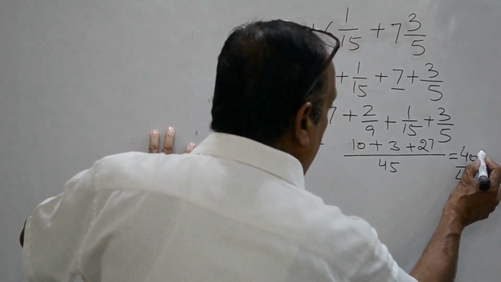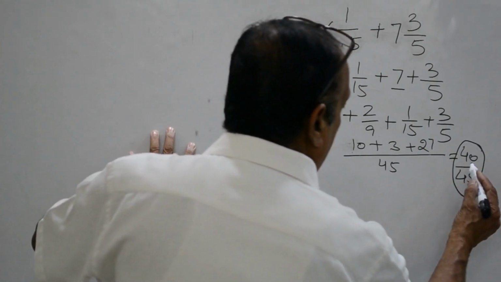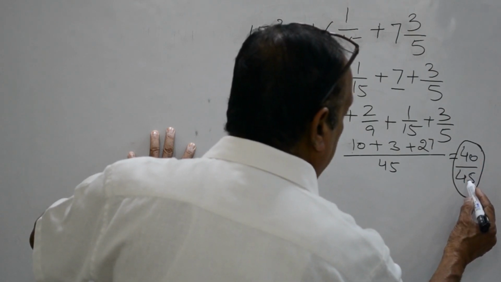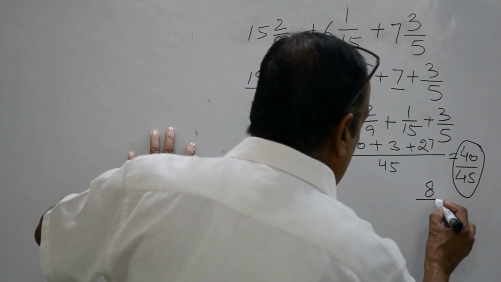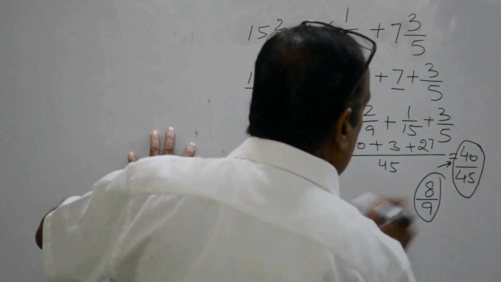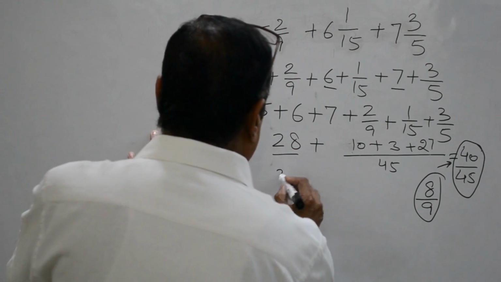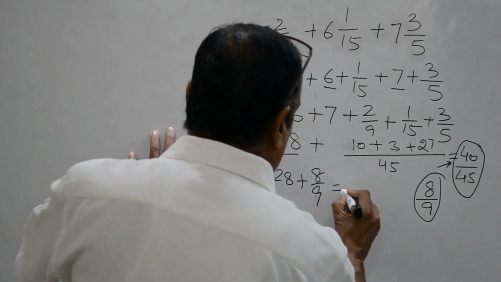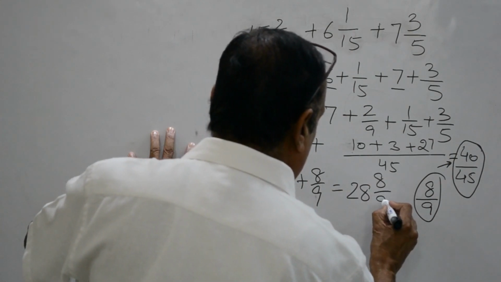This can be converted into the lowest fraction, that is we can divide both numerator and denominator by 5 and we will be getting 8 upon 9 as the lowest fraction. So our answer becomes 28 plus 8 upon 9 and the final answer is 28 8 upon 9.